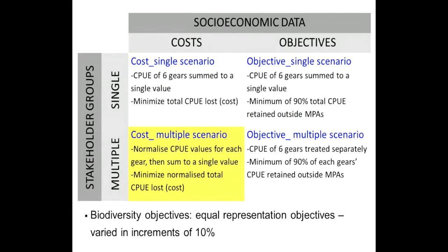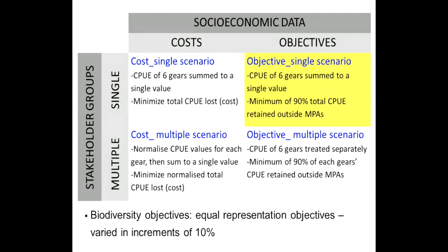In this scenario, I tried to take into account that stakeholders are multiple groups by first normalising the values of the CPUE before summing them to form a single value. And this single data layer is required under the cost approach. So by normalising them, it gives them more equal weighting in the analysis. And again, this total normalised sum CPUE was treated as a cost.